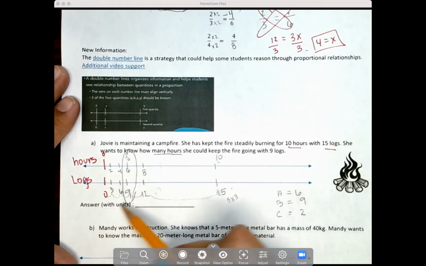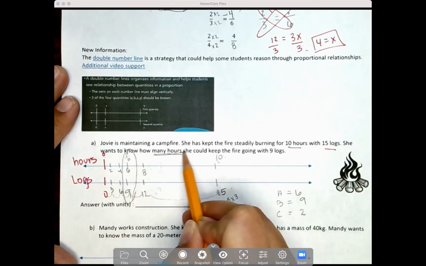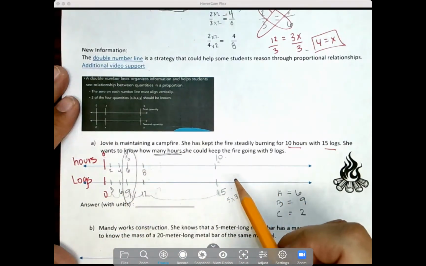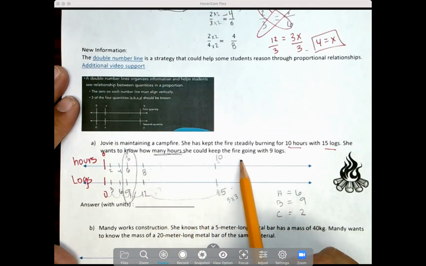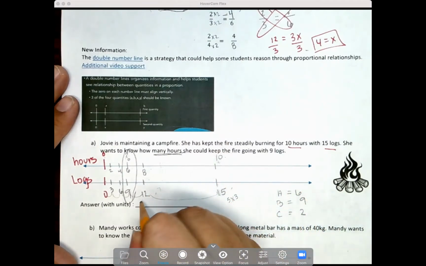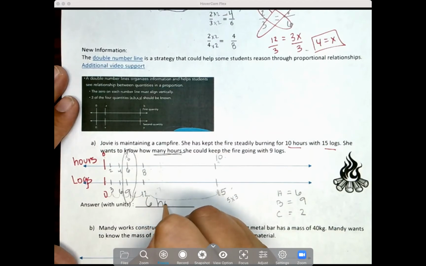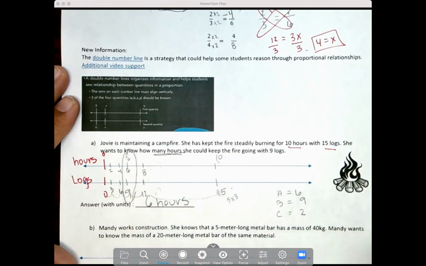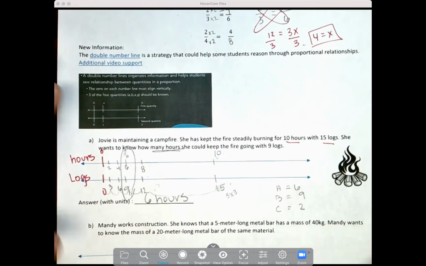So please make sure you stress the answer with the units. So the question was, how many hours could the fire keep going with 9 logs? So it could go for 6 hours. If you want them to write out a whole sentence, that's fine too. But they need to know it's 6 hours. All right.